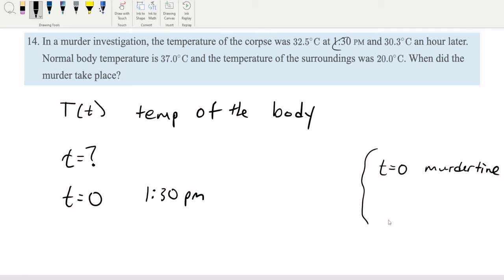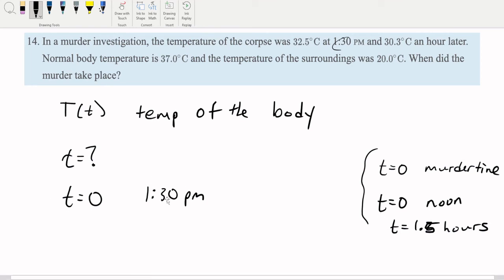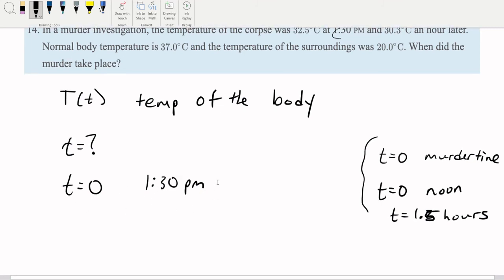You could let t equals 0 be noon, which would mean 1:30 would be at t equals 1.5 hours, because that's 1.5 hours after noon. So you've got a lot of options here, but I think it's simpler to make the known number just 0. Make that t equals 0, okay?